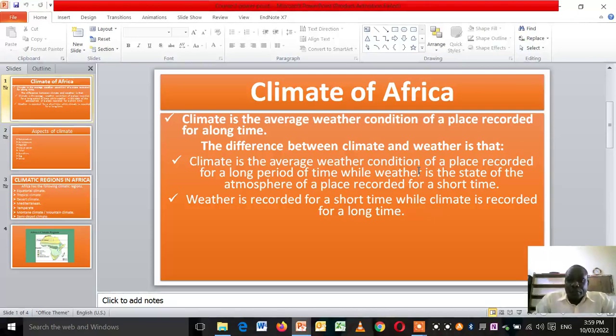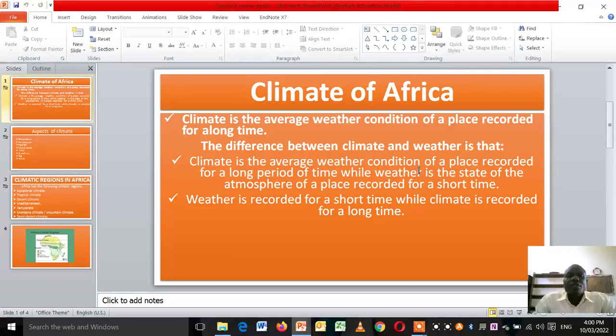Climate is the average weather condition of a place recorded for a long time, while weather is the state or a condition of the atmosphere recorded for a short time. Alternatively, you can say that weather is recorded for a short time, while climate is recorded for a long time.